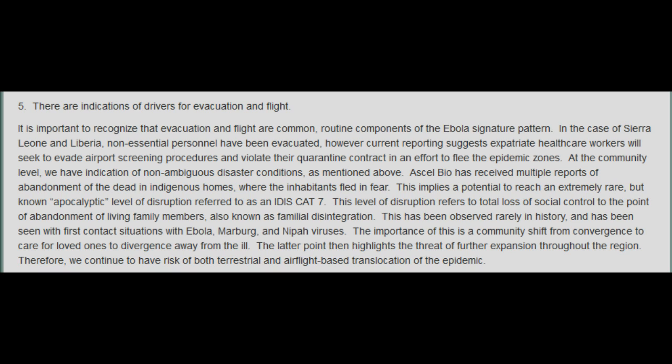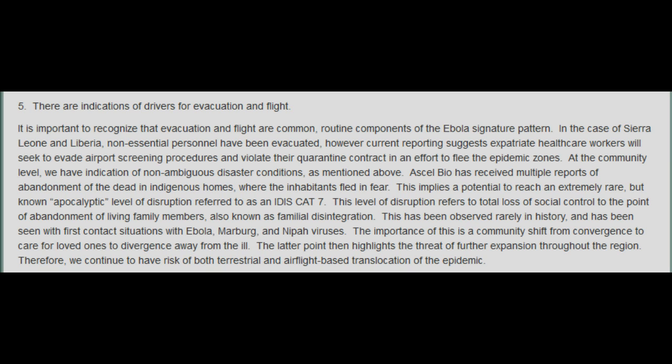Number 5, there are indications of drivers for evacuation and flight. This is big. It is important to recognize that evacuation and flight are common, routine components of the Ebola signature pattern. In the case of Sierra Leone and Liberia, non-essential personnel have been evacuated.